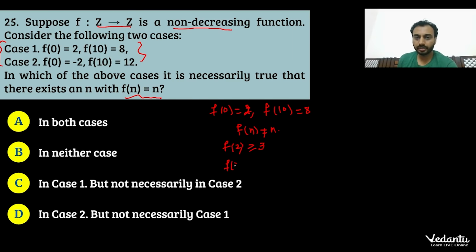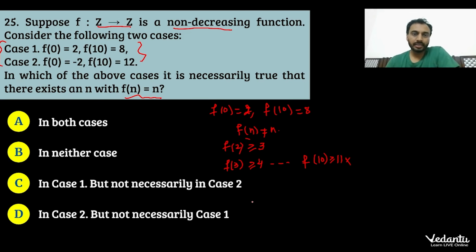Now for f(3), as f(3) cannot be 3 and f(2) is already greater than or equal to 3, f(3) is greater than or equal to 4. Similarly, if it goes on, we have f(10) is greater than or equal to 11. So clearly this is not true, right? So there must be a number for which f(n) is equal to n. I hope this is clear.